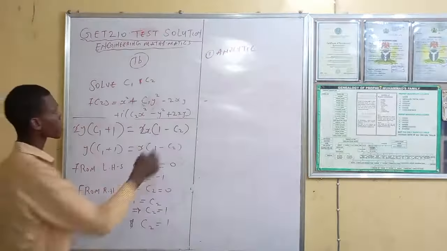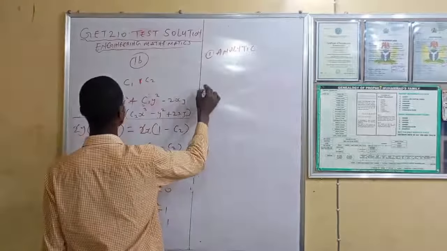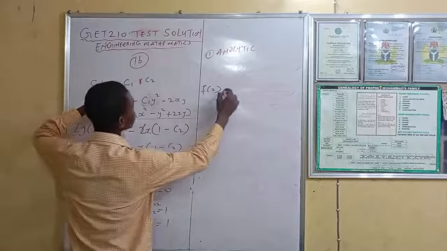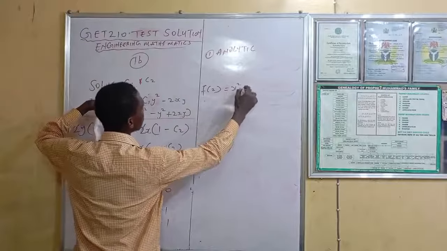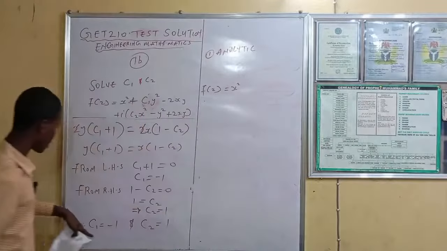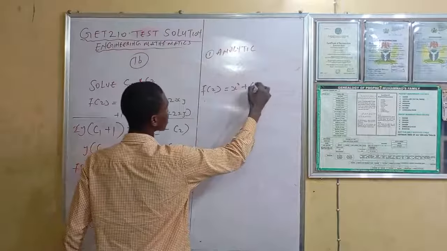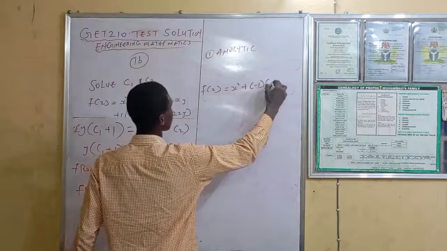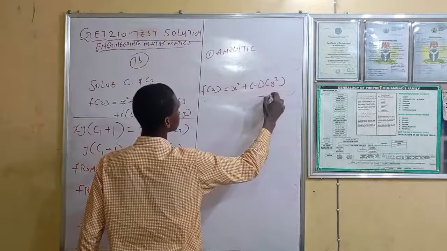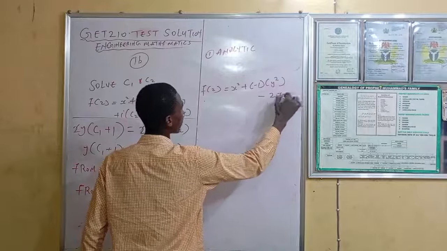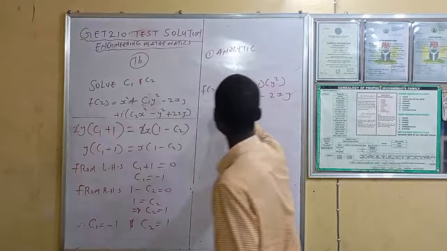Are we together? Meaning, the given function f of z will be equal to x squared. What was my c1? My c1 is negative 1. So it will now be plus, open bracket, minus 1 times y squared minus 2xy. X squared, this is still x squared.